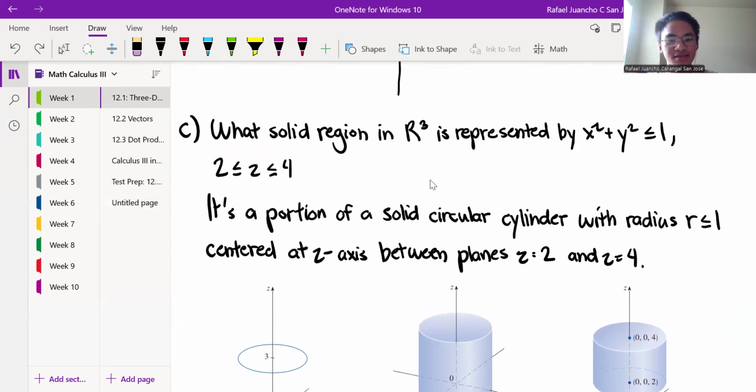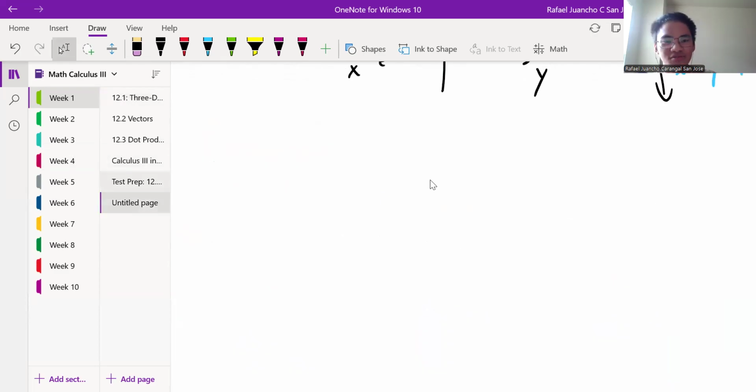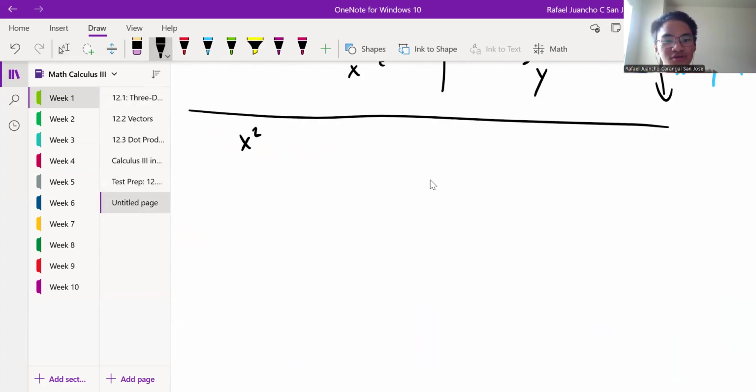Well, okay, let's solve this. What region does it represent? What surface does it represent? When you look at this unit circle, and we say it's less than or equal to 1, well, the standard equation of a circle is x minus some center.